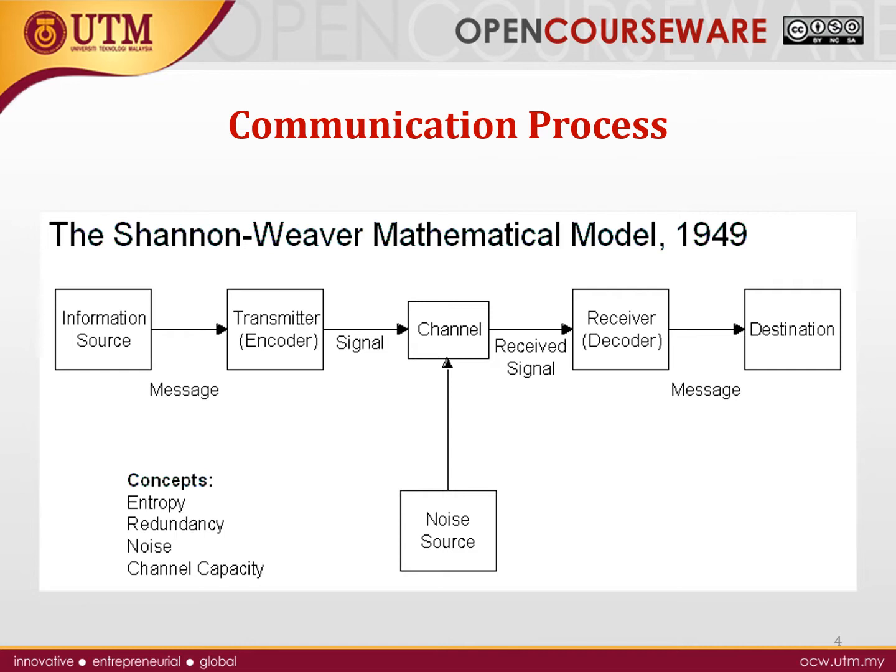Then we go through the channel, but we need to make sure the channel has no noise source, because if any noise source affects our channel, the message might be corrupted. After the channel, we are now receiving the message, but in order to receive it well, we need to decode.